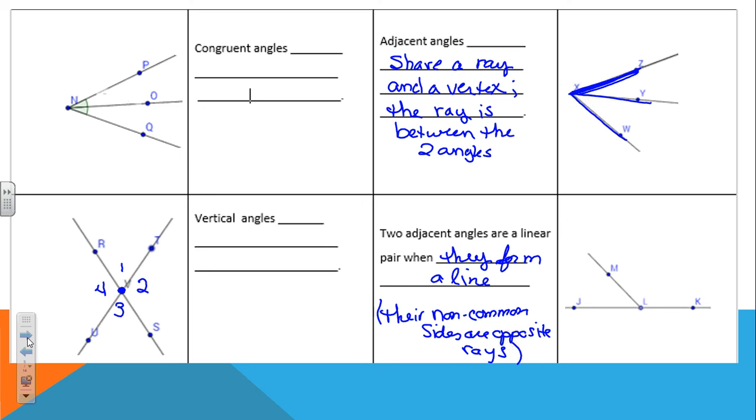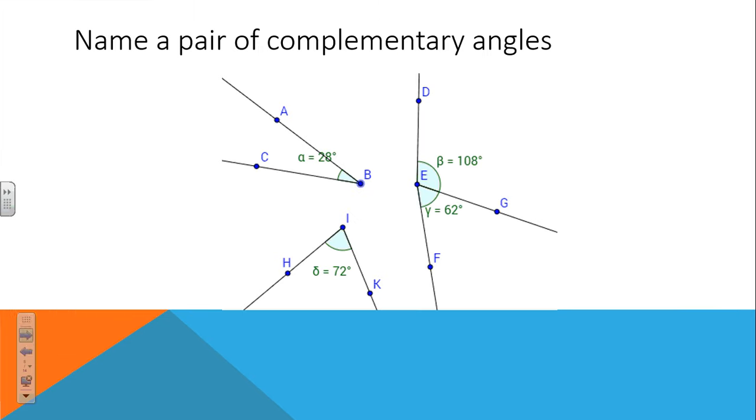Make sense? What angle is vertical with angle 2? 4. Because they only share a vertex. Is everybody cool with that? Okay. So we intersect two lines, we make 4 angles, and if they are exactly opposite each other, they only share a vertex, they're vertical. Okay? All right. So let's see how we can do.